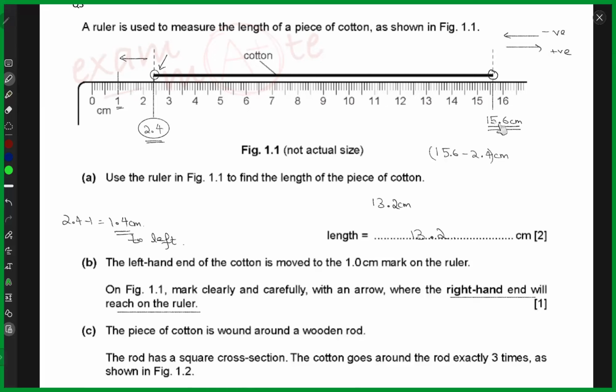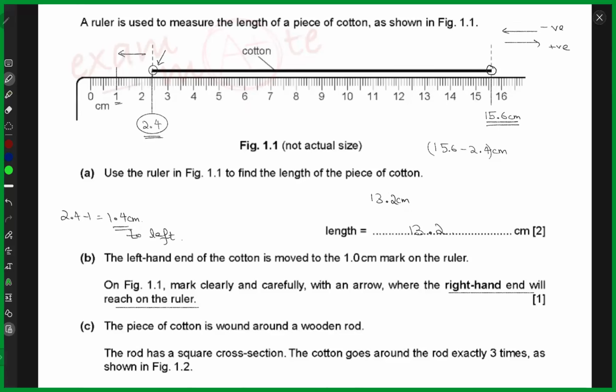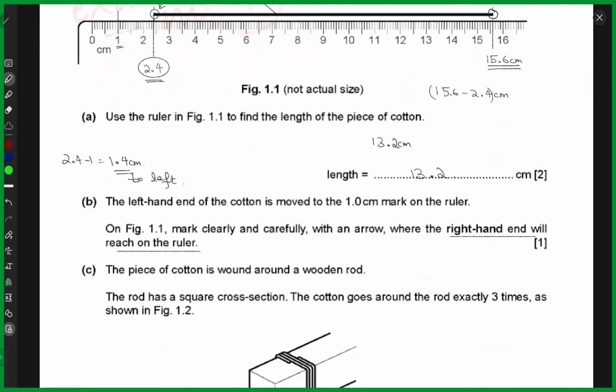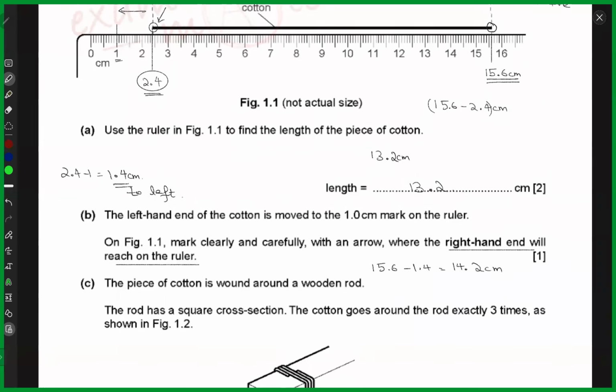So if I subtract the distance I moved the cotton, 1.4, from 15.6, that would be 14.2 centimeters.